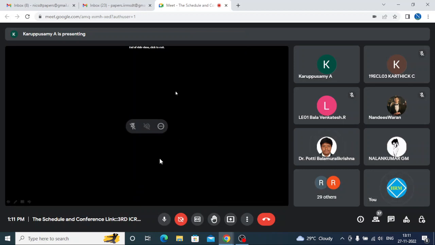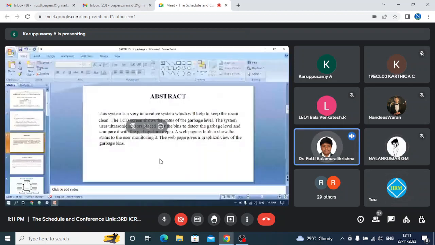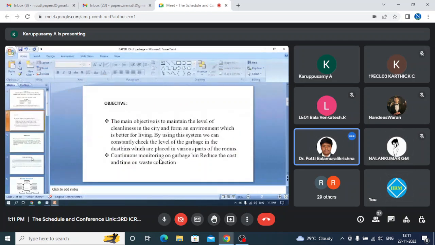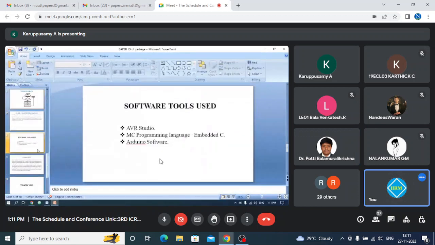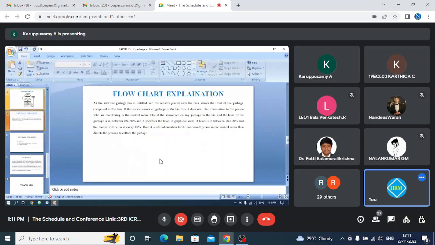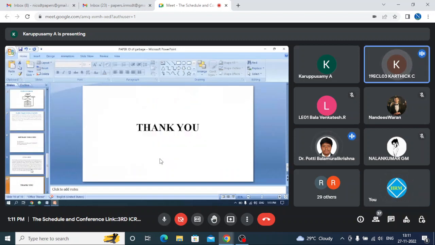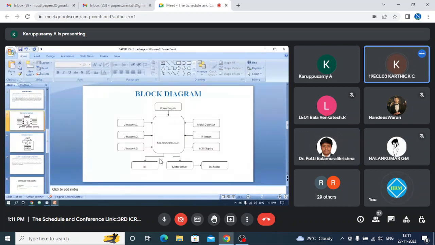Okay. How many sensors are you using in your work? What are the different sensors? Sir, ultrasonic sensor, AVR sensor. Sir, there are three types of sensors, sir: ultrasonic sensor, human detector sensor and garbage collector sensor, sir.